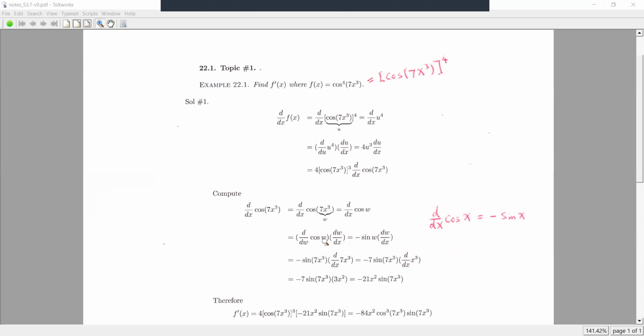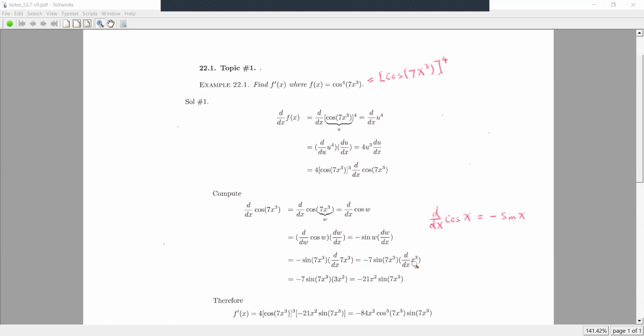Derivative of cosine of w with respect to w by this formula is negative sine of w. Now, plug in 7x to the third in the w here. Then I have this equation. Move the constant 7 outside this derivative, then I have this equation.